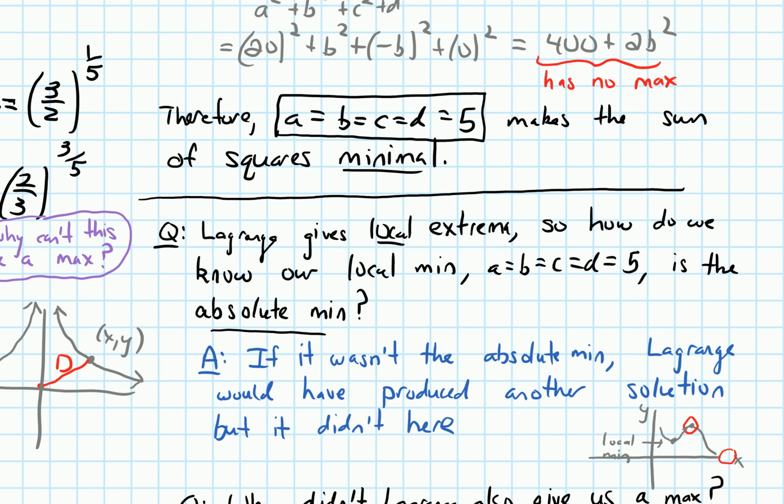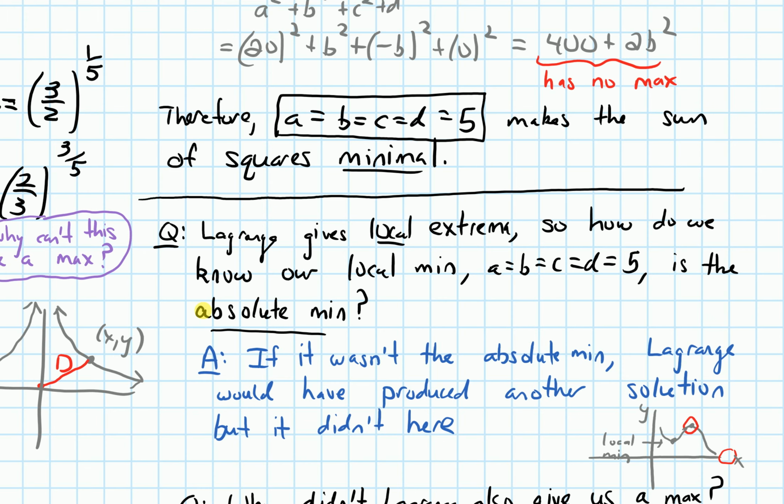And that's how I know there wasn't this local max where it could have changed directions and gone even lower than where my local min was. So this is called arguing by contradiction a little bit here. I wouldn't worry about the details or even the name of that. Technically, it's a proof by contradiction, but I wouldn't worry about that detail. I care most that you just understand this logic here. How do we know that it's an absolute min?